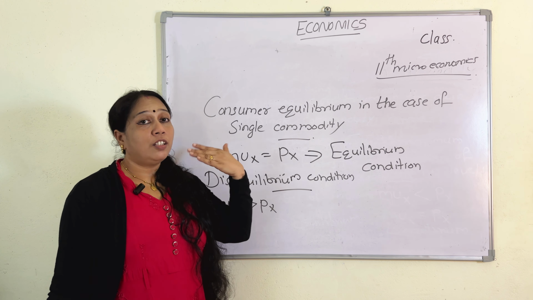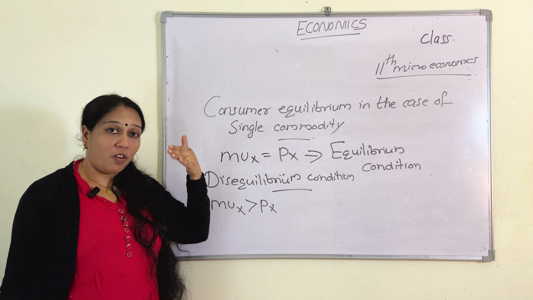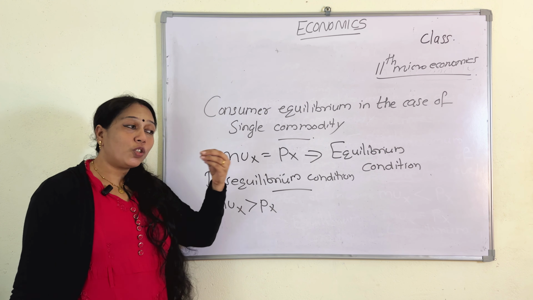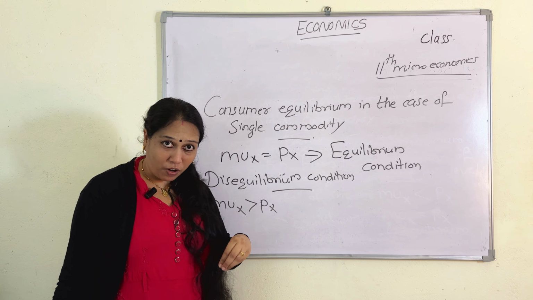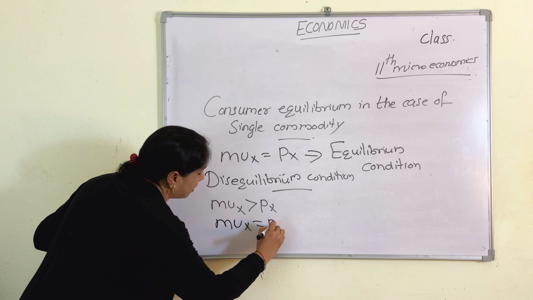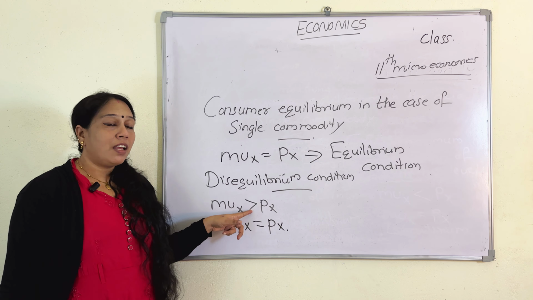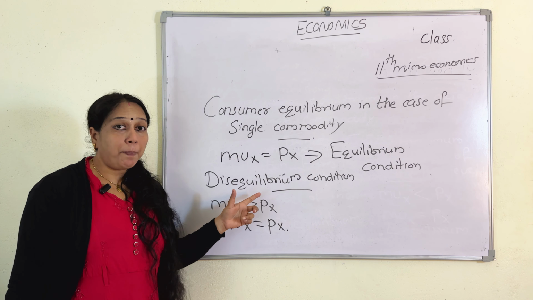Suppose you are eating chocolate continuously. Your satisfaction from that chocolate goes on decreasing, so you reduce the consumption of the chocolate. Till how much? MUx equal to Px. So this is the disequilibrium condition, MUx more than Px.